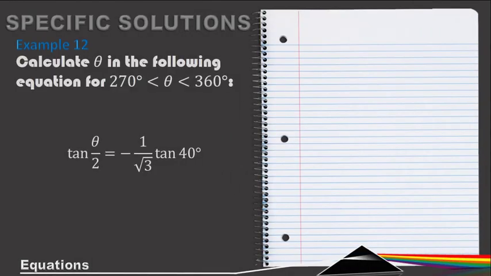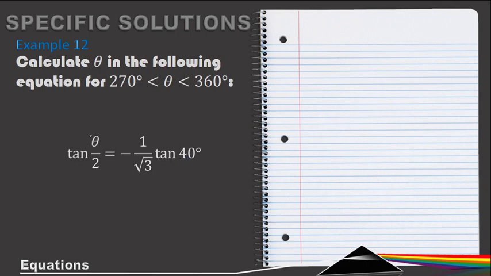Now for example 12, calculate theta in the following equation for 270 degrees is less than theta and theta is less than 360 degrees. Now first of all, we can see that this is tan theta over 2 equals negative 1 over square root of 3 tan 40. Now the first thing, this tan 40 tends to confuse a person, but it's actually just a number.